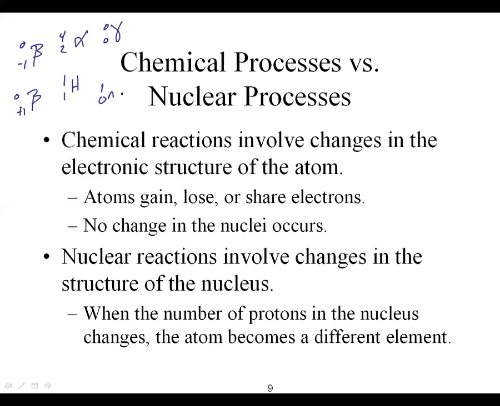To balance a nuclear equation, what you're looking for is the same mass number. When you add up all the mass numbers on the reactant side of the arrow, it needs to equal all the mass numbers on the product side of the arrow. And when you add up all the atomic numbers on the left-hand side of the arrow, it needs to equal all the atomic numbers on the right-hand side of the arrow.